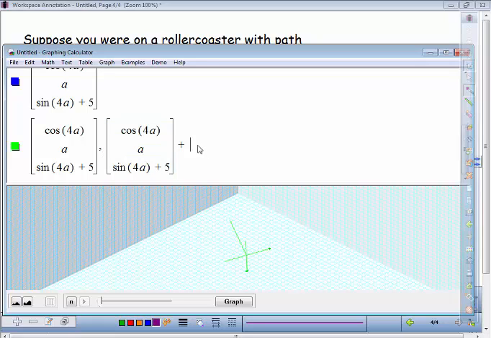And so the ending point is, what was the derivative again? Negative 4 sine 4t, 1, and then 4 cosine 4t.